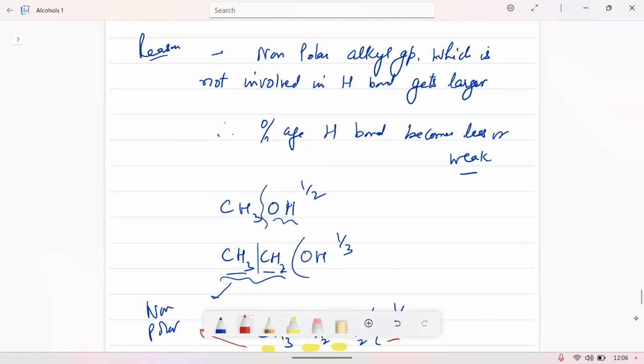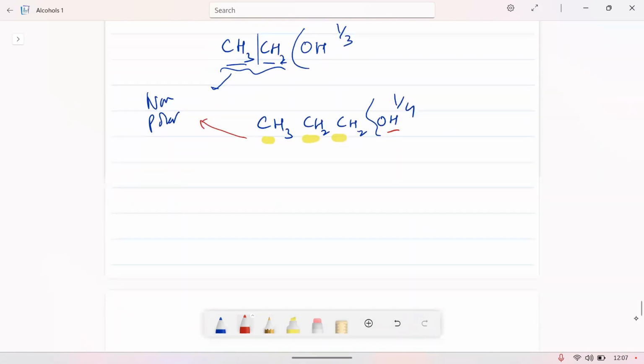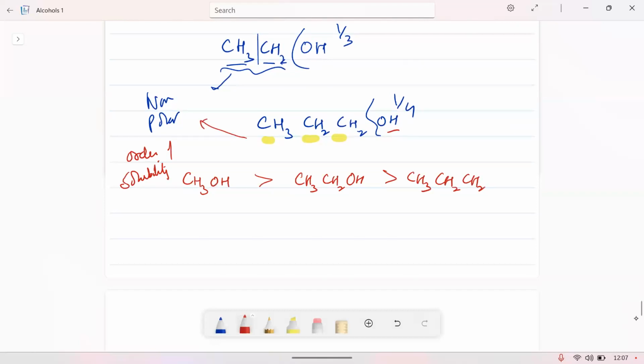So for your exam, this is what you need to write down. At the end, we can say that methanol will be more soluble, order of solubility: methanol, then ethanol, and then propanol.